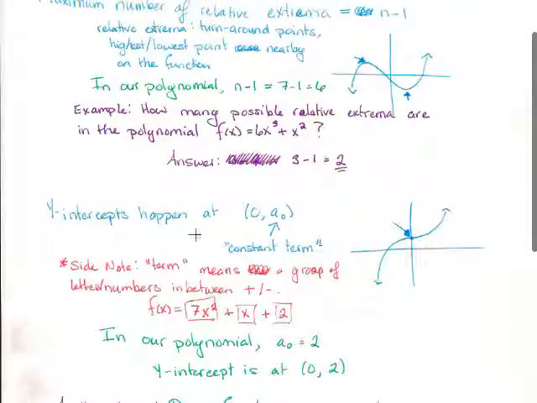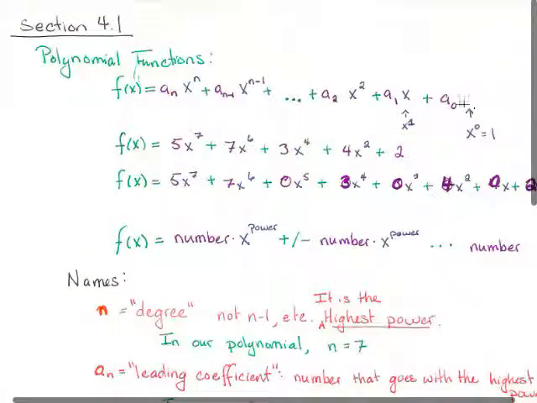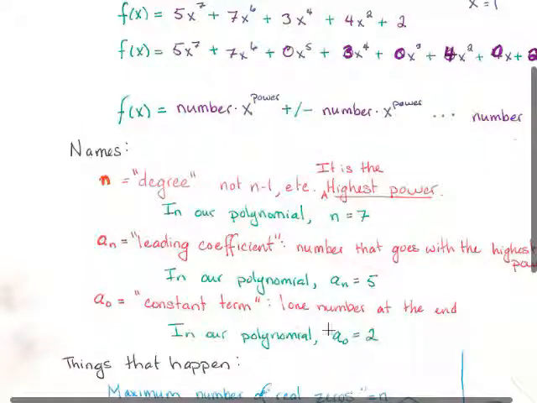Alright, one more thing for this video. Y-intercepts, so places where it crosses the y-axis, happen at the point 0, a sub 0. Now, if you recall, a sub 0 is our constant term, as we said here, and here.